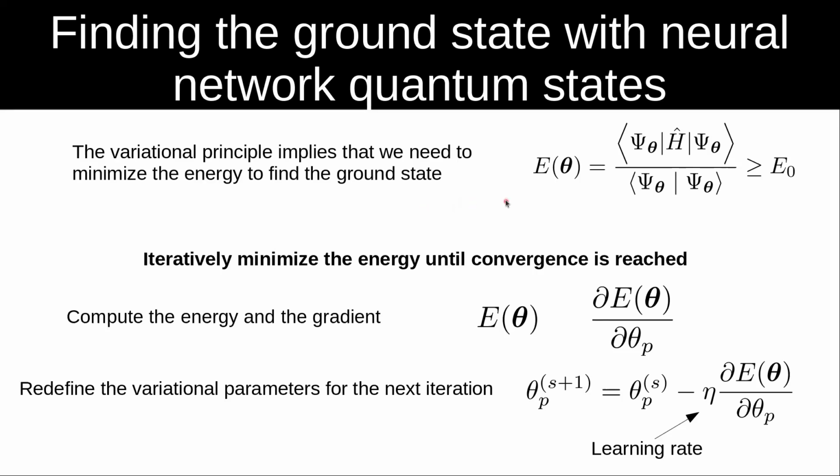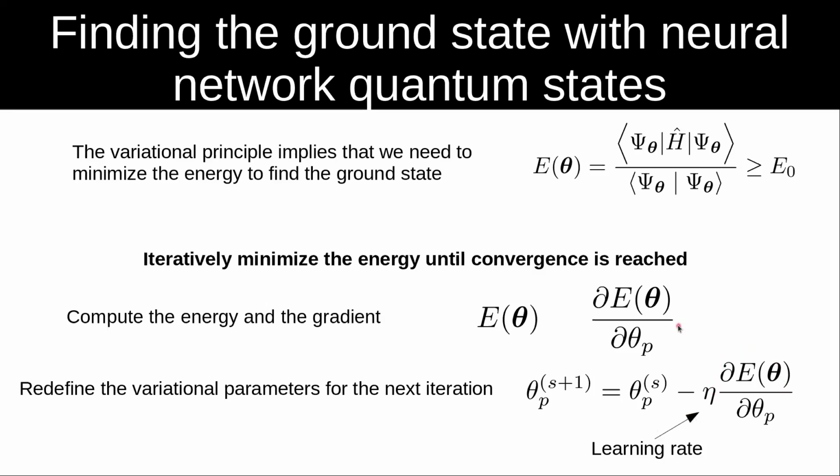So you say that the energy depends on the wave function and the different parameters of the neural network, and this is going to be bigger than or equal to the ground state energy. Now you minimize this quantity. You compute the energy, you compute the gradient of the energy with respect to the parameters, and then you redefine the parameters using a specific learning rate.